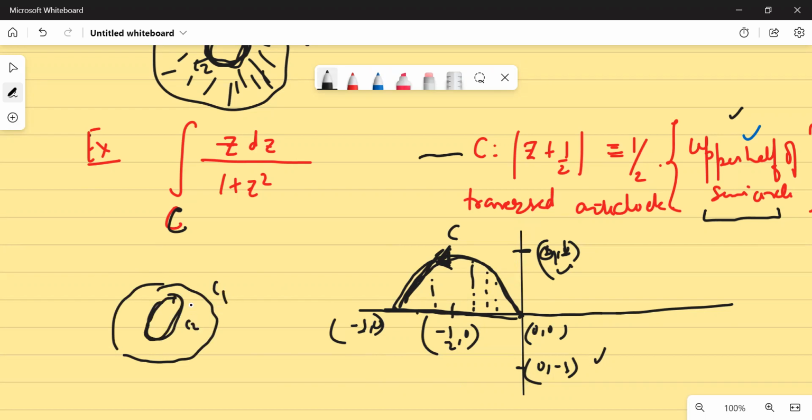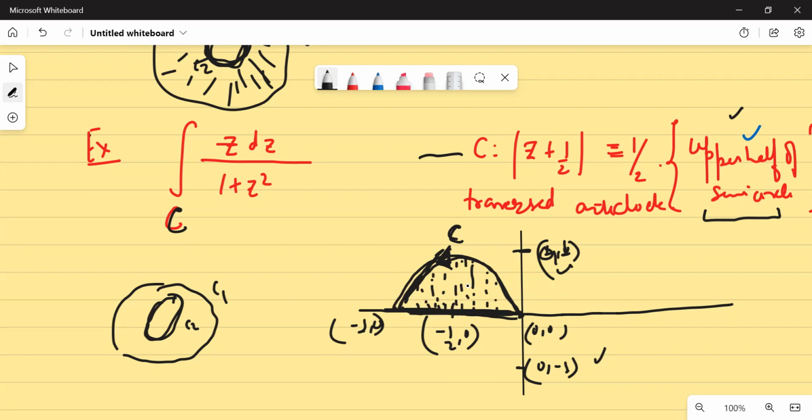Instead of integrating over this upper portion, you can deform the curve onto the x-axis, because while you are continuously deforming your curve C to the x-axis, you are not encountering any singularity.